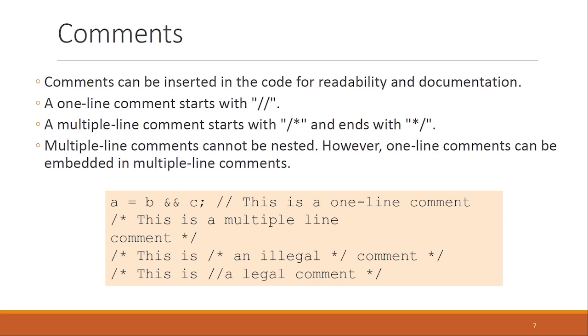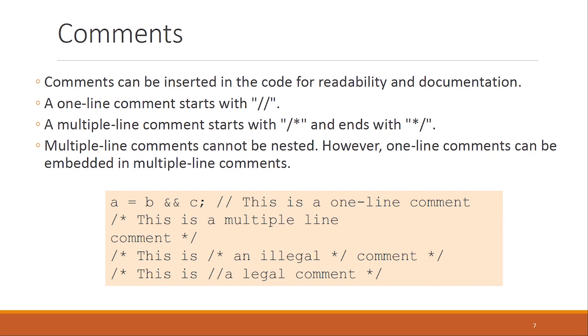This is also similar to the way you put comments in C. A multiple line comment starts with a slash and a star and ends with a star and a slash. Multiple line comments cannot be nested. That is, you cannot insert a multiple line comment inside another multiple line comment. However, one line comments can be embedded in multiple line comments.